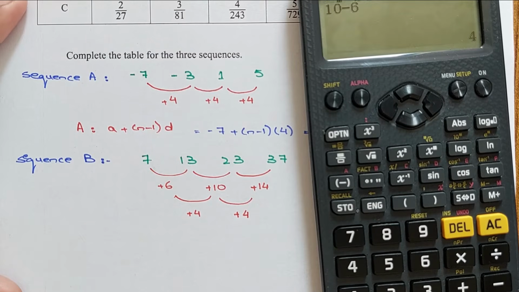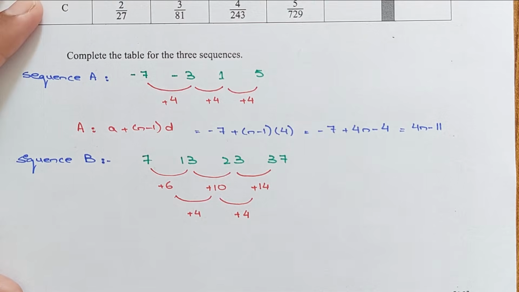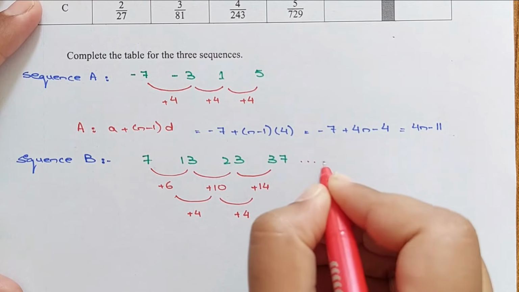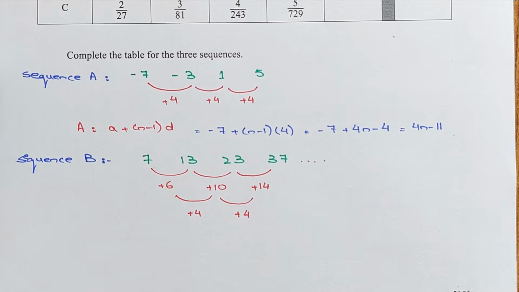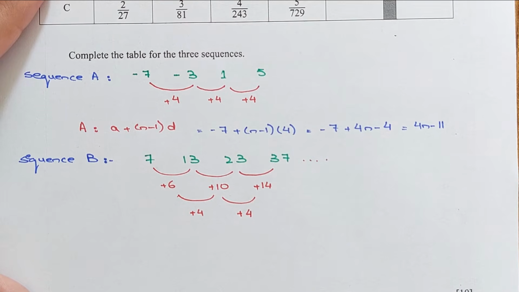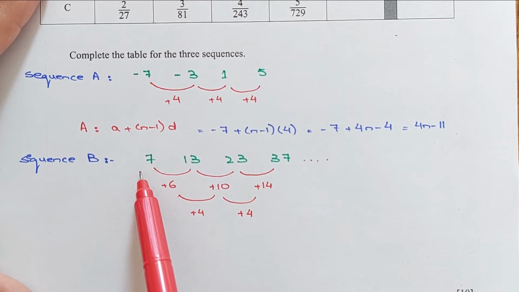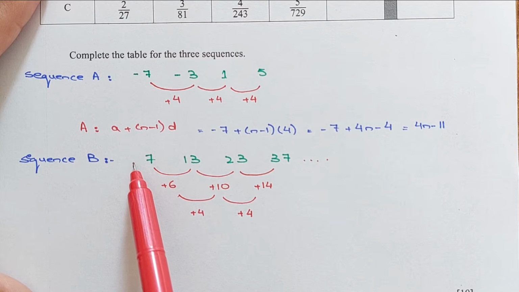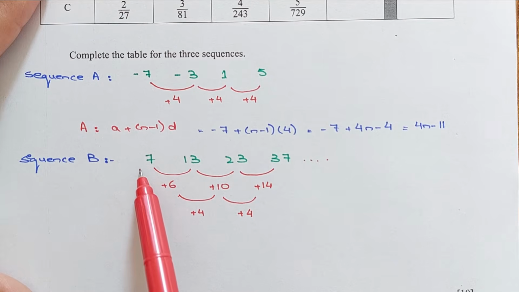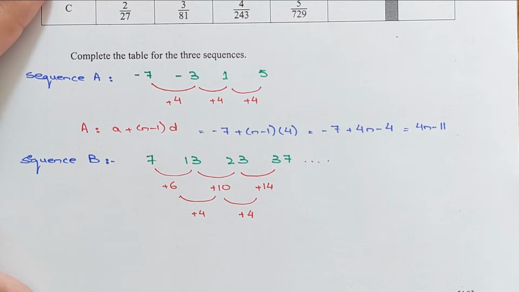n square, right? Okay, so let me check how we can find the nth term of this sequence. By the guess and check technique, how can we get 7? If we have n square, we have 1 square, plus 6 would be 7. So n square plus 6 gives the first term.